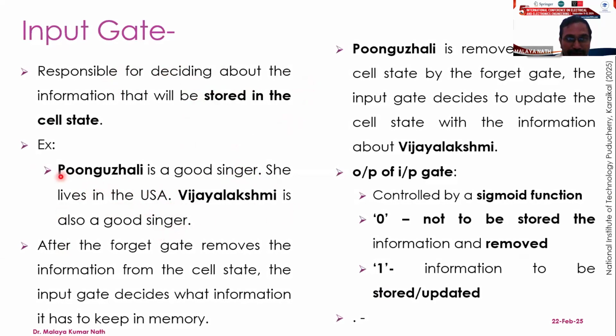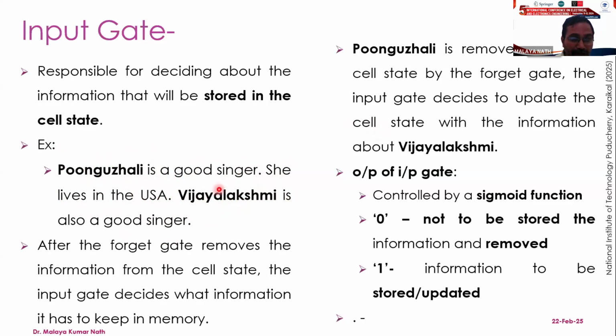So that means till I am discussing Pungrali is a good singer, she lives in the USA, I am discussing the information about Pungrali. The moment I have discussed Vijalakshmi is also a good singer, I have to forget the information about Pungrali. And the moment I have started Vijalakshmi, this information has to be added into the cell state.